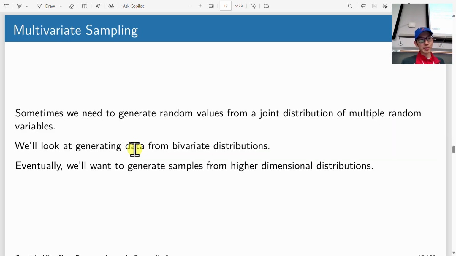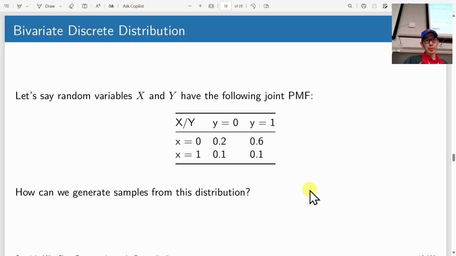Here we'll start with a simple one, a discrete distribution. Eventually we'll want to get to higher dimensional distributions, and we have future tools like Gibbs sampling to generate samples from those, but we have to work our way up to it by talking about Markov chains and whatnot. But let's say we want to generate a pair of values, x and y.